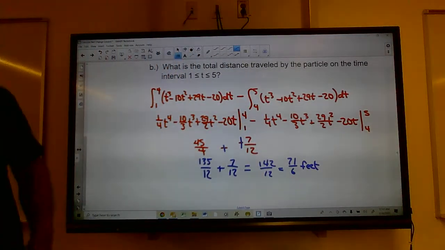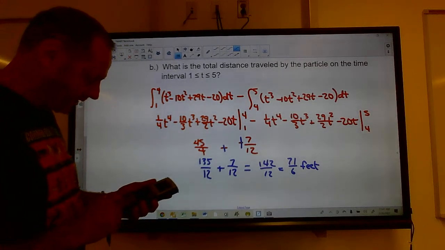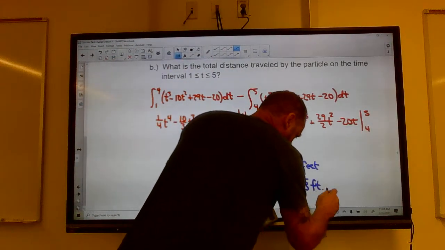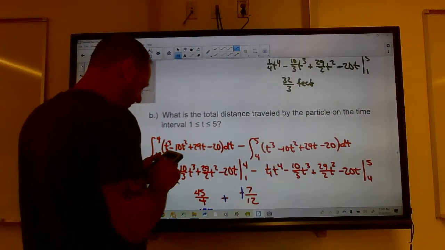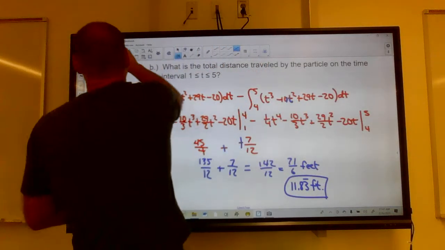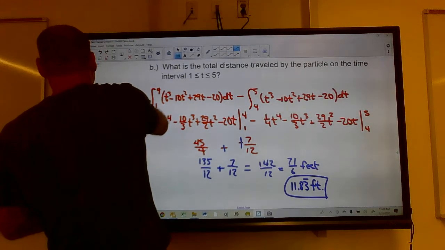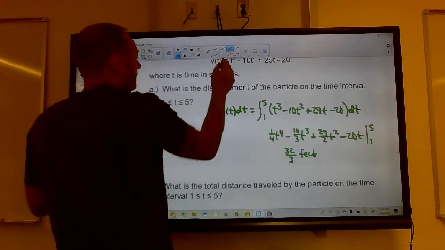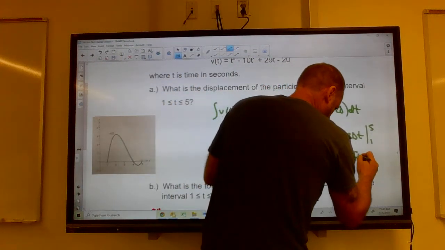So if we get out our handy-dandy TI-84 Plus C Silver Edition graphing calculator, 71 divided by 6 is 11.83 repeating feet here. And then up here, 32 divided by 3 comes out to be 10.6 repeating feet.